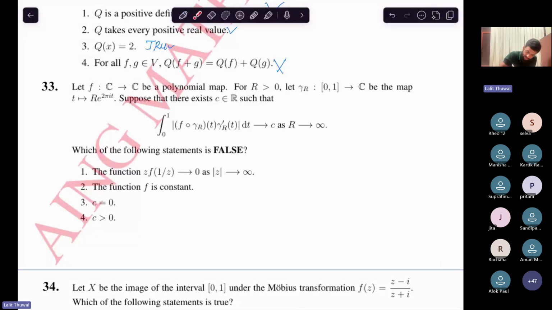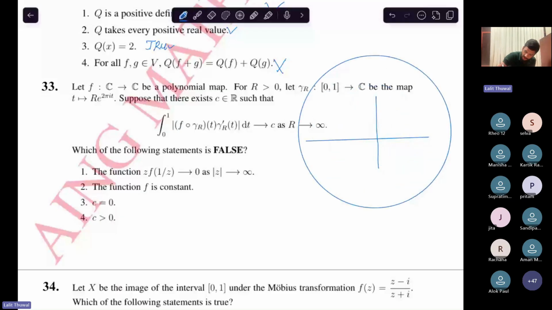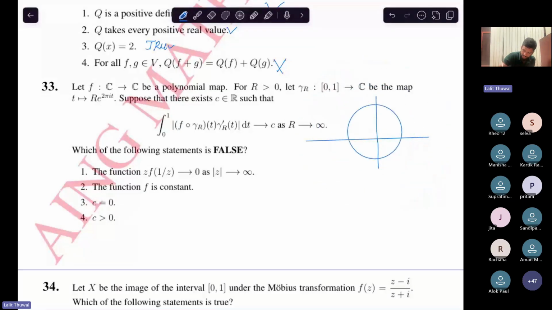So this also involves some real analysis. See, let f: C to C be a polynomial map, and for R greater than 0, you are given gamma R, the circle of radius R centered at 0. The circles keep on increasing as R increases. So this integral is given.